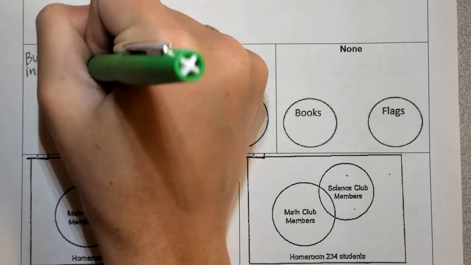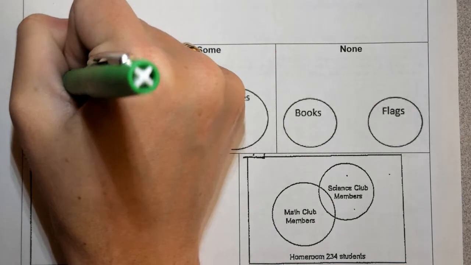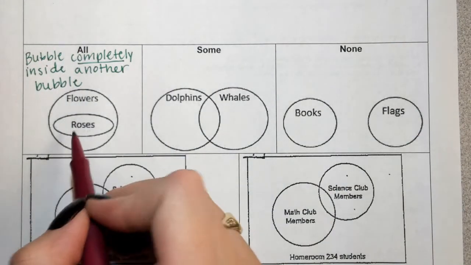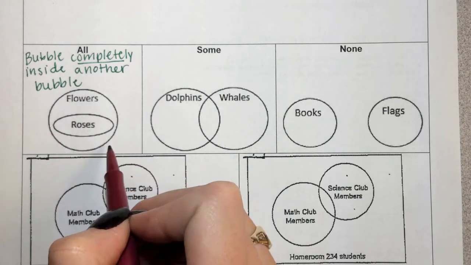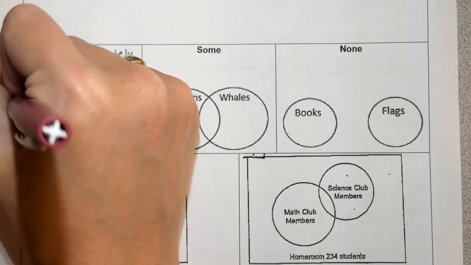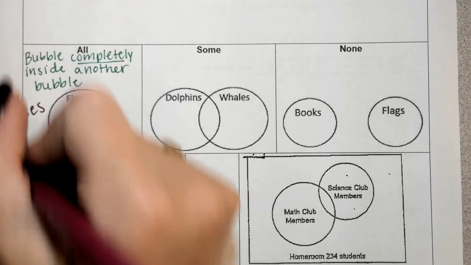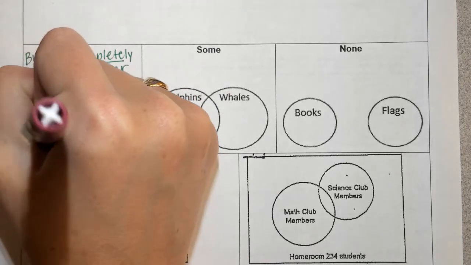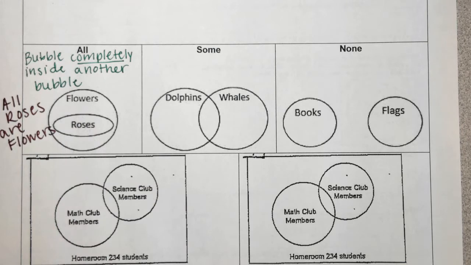If we look at this example, we see that roses is totally inside of flowers. So you would say that all roses are flowers. This is the sentence you could use to describe this Venn diagram.